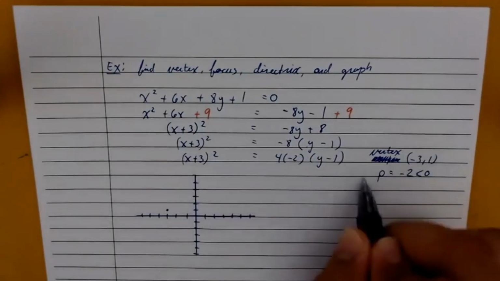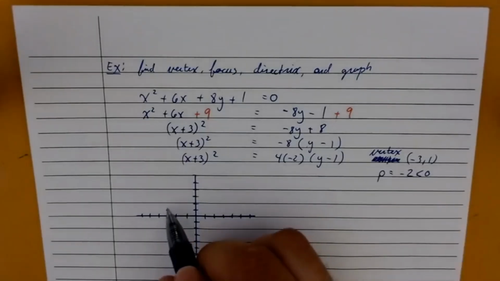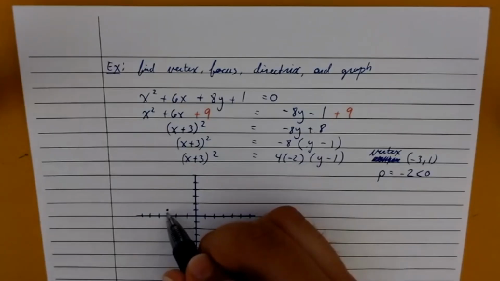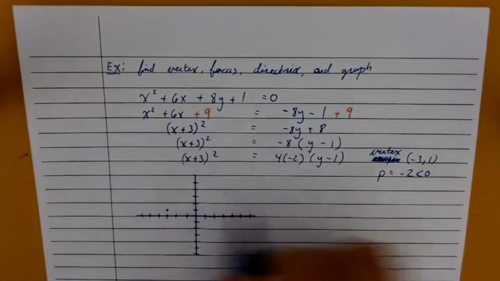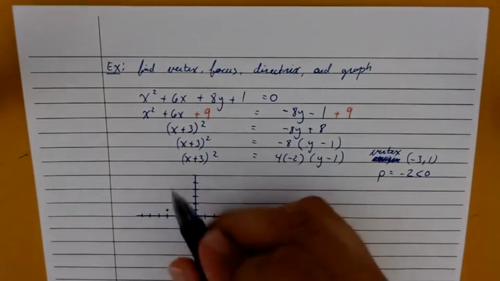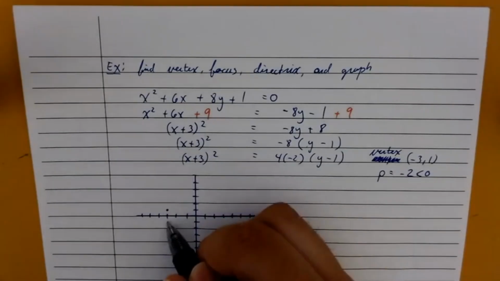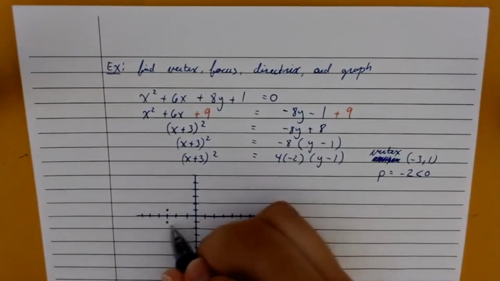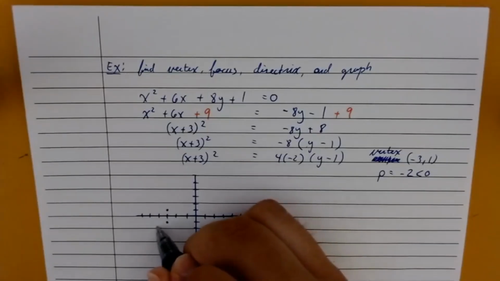Since p is -2, that means you're going to take 2 steps in either direction to get to your vertex and to get to your focus and to get to your directrix. So since that's a -2, that means our parabola opens down, and so that's going to be 2 steps down to get to the focus. That's negative 3, negative 1.